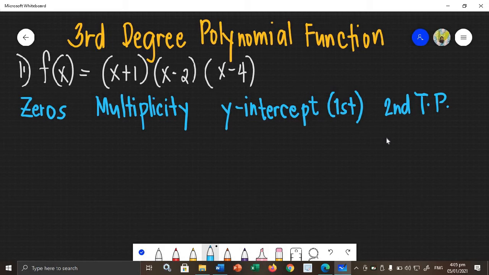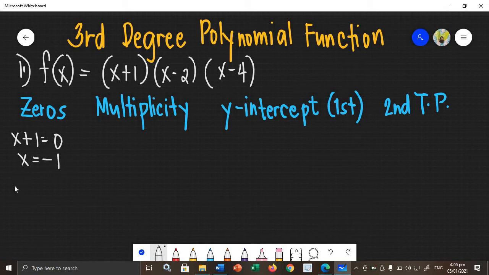So, in finding the zeros of this function, I already discussed about that, no? The given is already in factored form, so hindi na kayo mahihirapan. I-equate lang natin bawat isa sa 0 and get the value of x. So, the first zero is equal to negative 1.